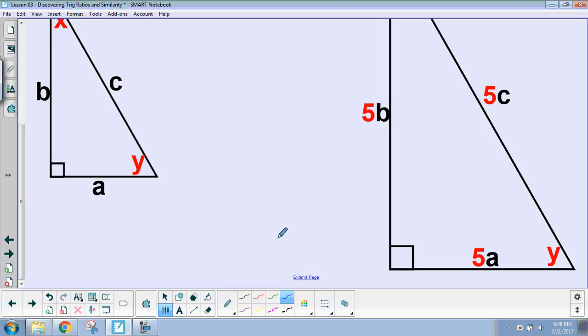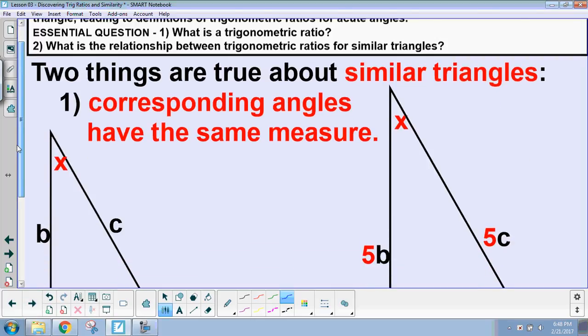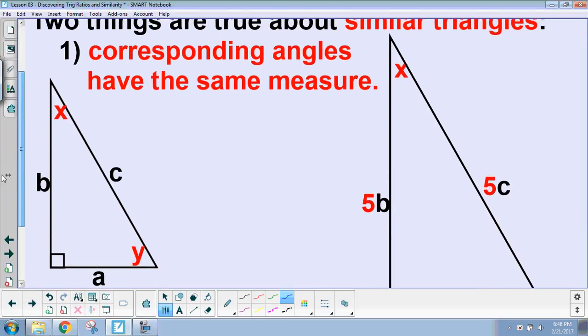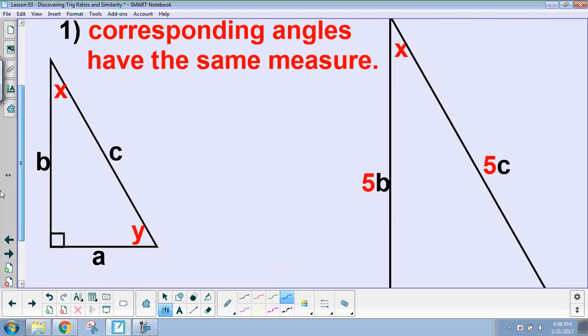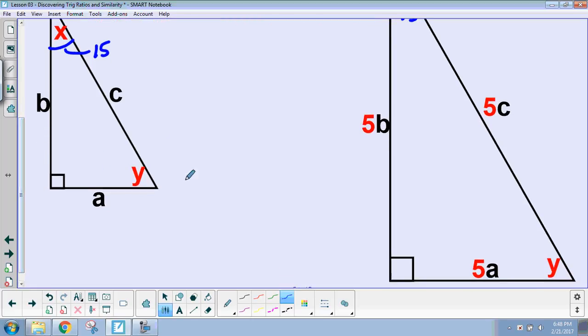When you're dealing with similar triangles or similar polygons, corresponding angles have the same measure, meaning this x, if it was 15, then this x is going to be 15. And in hindsight, since that's 15, and again, I just made this up, subtracting it from 90, because remember they all add up to 180. 90 is already used up, so I'm going straight to 90.